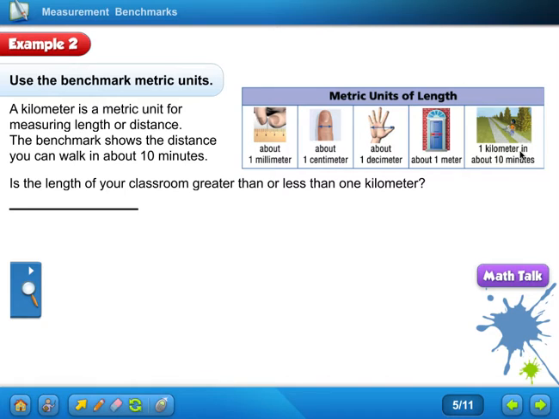A kilometer is about 10 minutes walking. Okay? So, is the length of your classroom greater or less than 1 kilometer? Does it take you 10 minutes to walk around your classroom? 10 minutes, that's 1 kilometer.